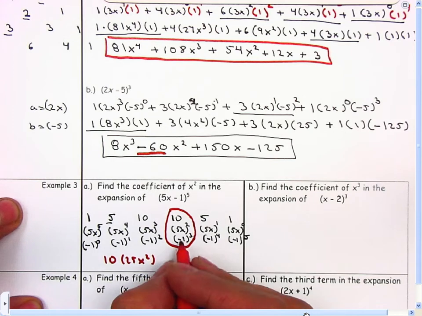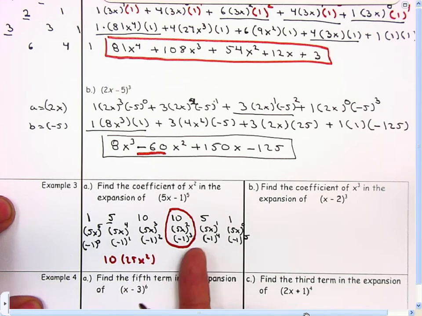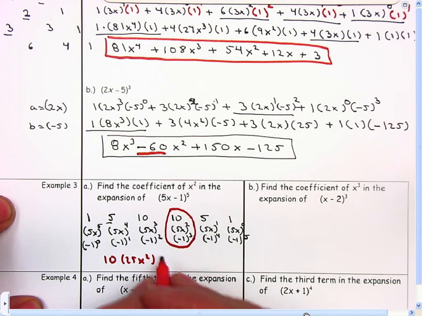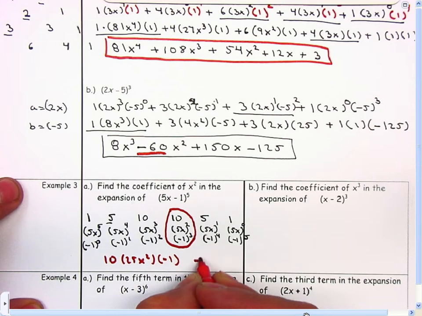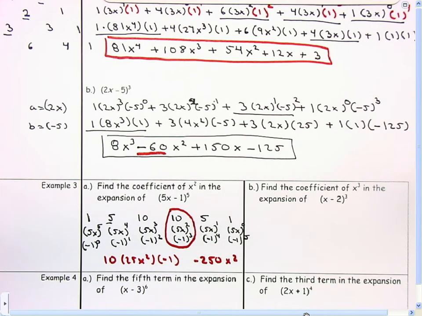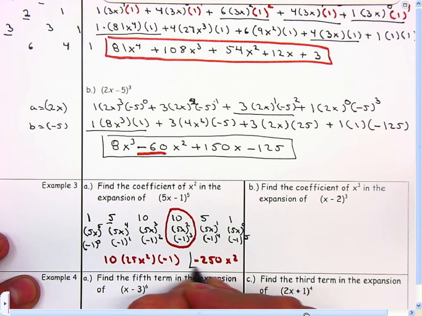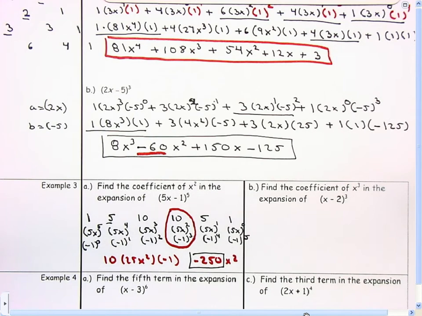And negative 1 to the 3rd power is negative 1 times negative 1 times negative 1, which is negative 1. Now I'm going to multiply 10 times 25 is 250 times the negative 1 will be negative 250x squared. Now I'm only asking you for the coefficient, so the answer will be negative 250.